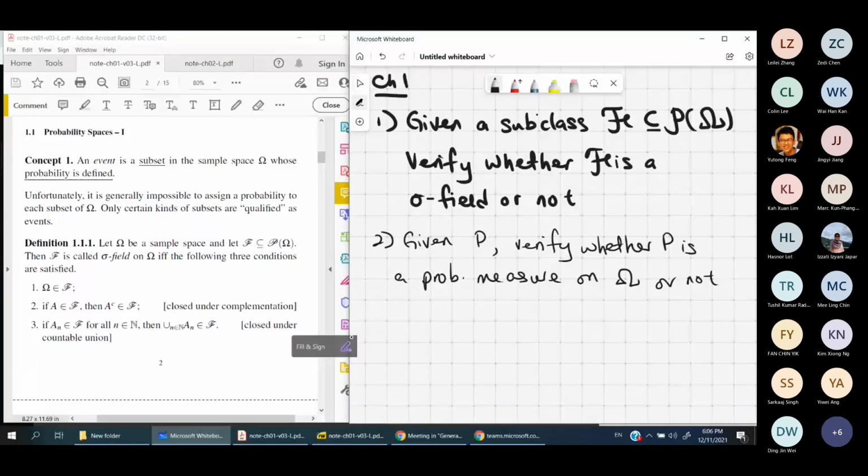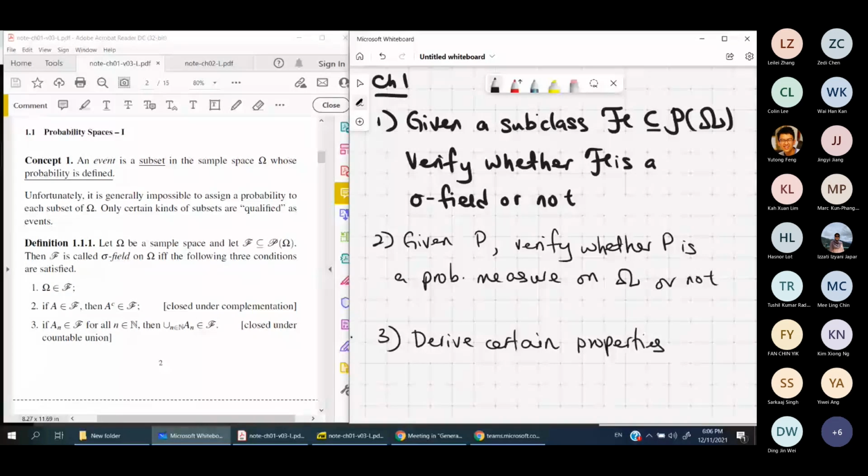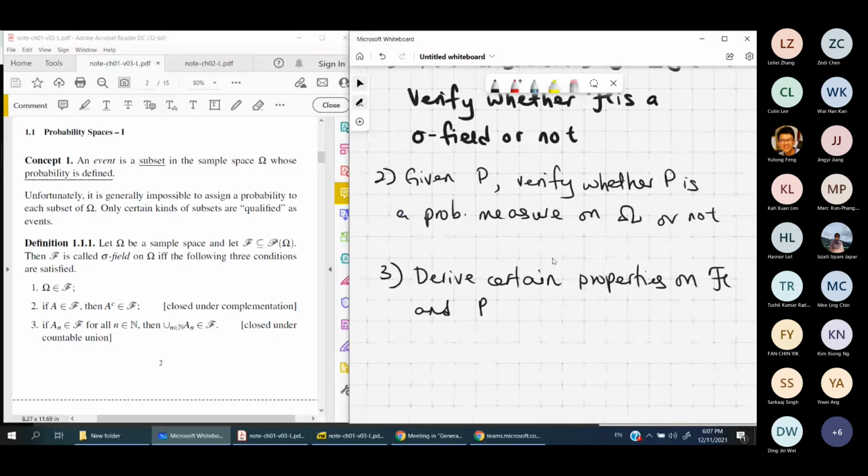And on top of that, you are able to derive certain simple properties of F and P. So these 3 things, and this actually should be the beginning.